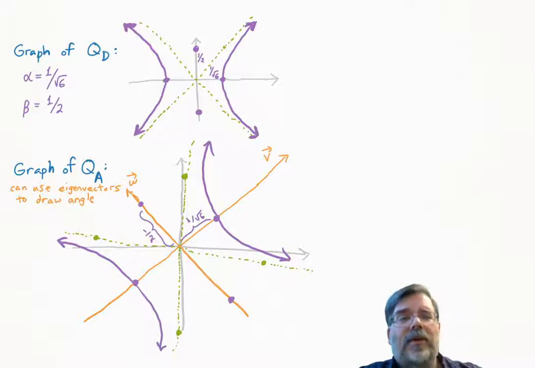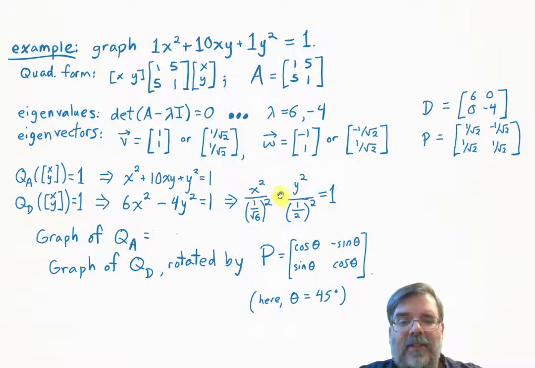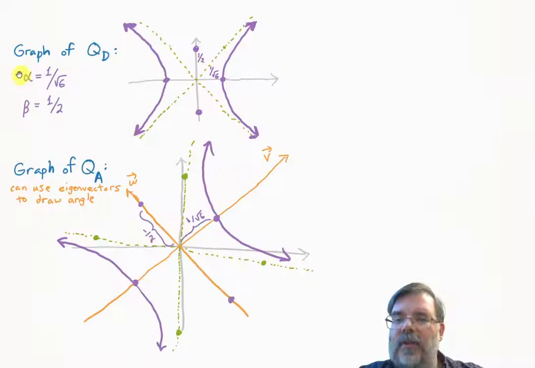All right, so what does the graph of QD look like? Well, it's a hyperbola. We know it's a hyperbola because of this negative sign. And because of the values of alpha and beta, we can find these two points. Again, it's a rough graph. It's not to scale. That's okay.